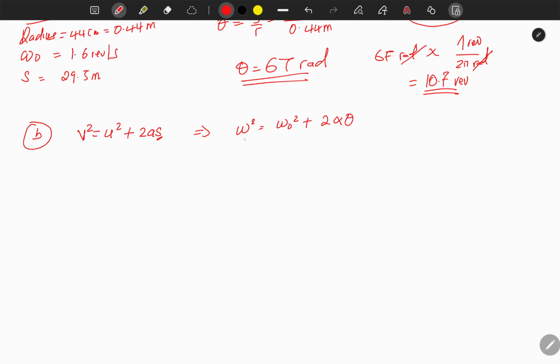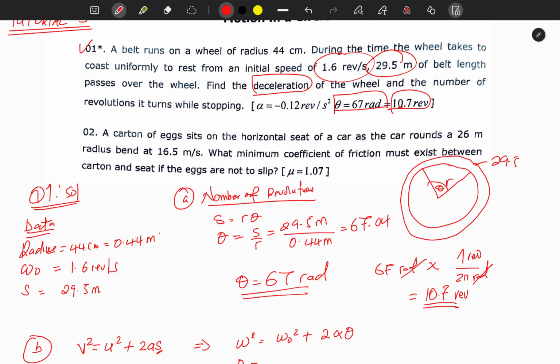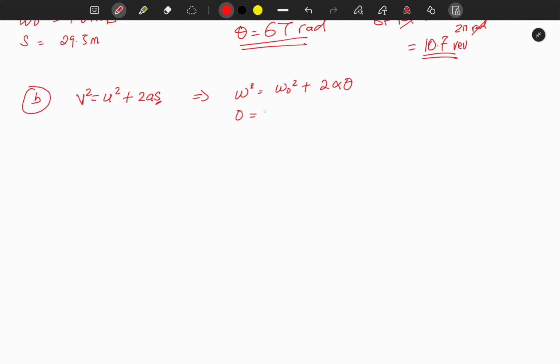All right, now the final one will always be 0 because it is going to rest. And the initial one that we have is 1.6. We square it, so 1.6 squared plus 2 times the angular acceleration, which is what we are looking for, times theta.